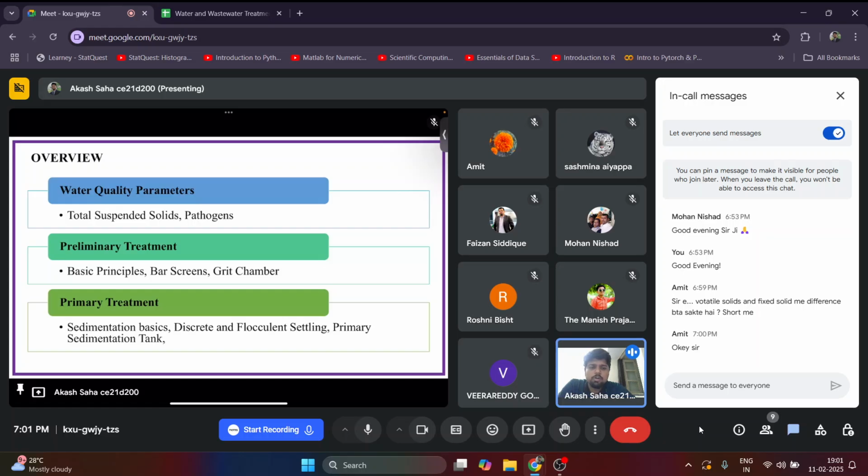Then we moved on to primary treatment, where we learned about the basics of sedimentation, the different types of settling, starting from discrete and flocculent settling, and how to design the primary sedimentation tank. We have started with the design, and we saw the preliminary and the primary treatment. In the coming classes we will learn more about the secondary, tertiary, and the advanced processes for wastewater treatment.